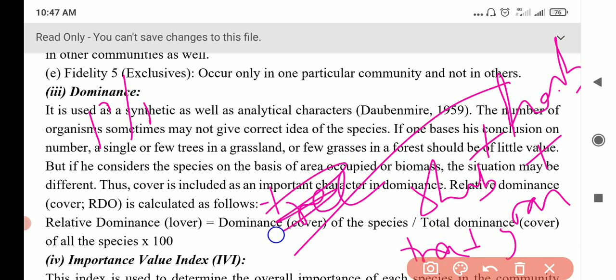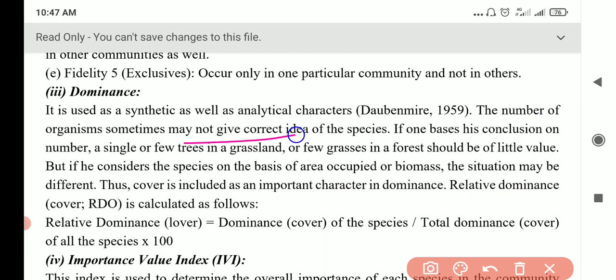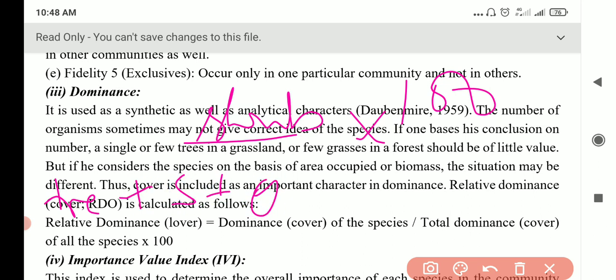Then for shrub, divided by the total and times 100, because it's relative dominance, shrub plus grass plus herb, let's say you got 30%.